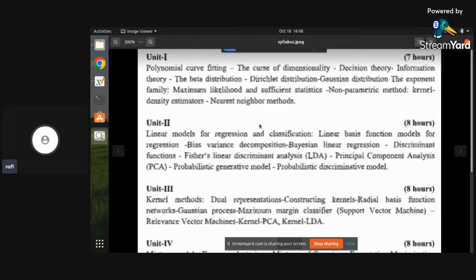In the second unit, we enter the first category of pattern recognition, that is regression, and next we go for the second one, that is classification.